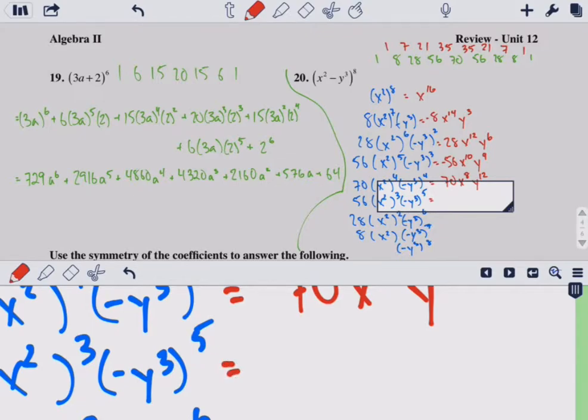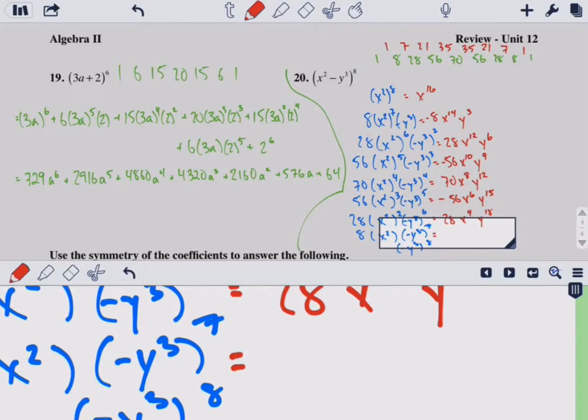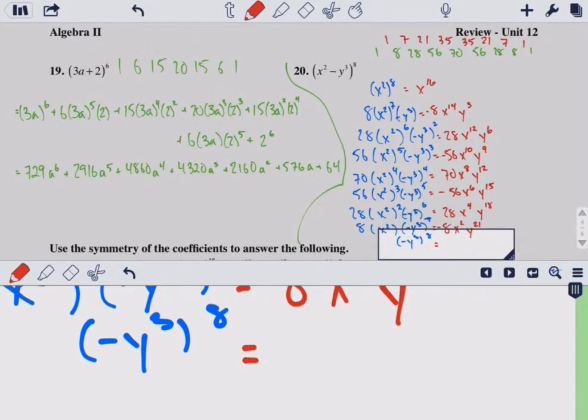You can start to pick up a pattern. 56x to the 6th, y to the 15th, and that's negative. 28x to the 4th, y to the 18th, and that makes it negative 8x squared, y to the 21st. The last one is positive y to the 24th.